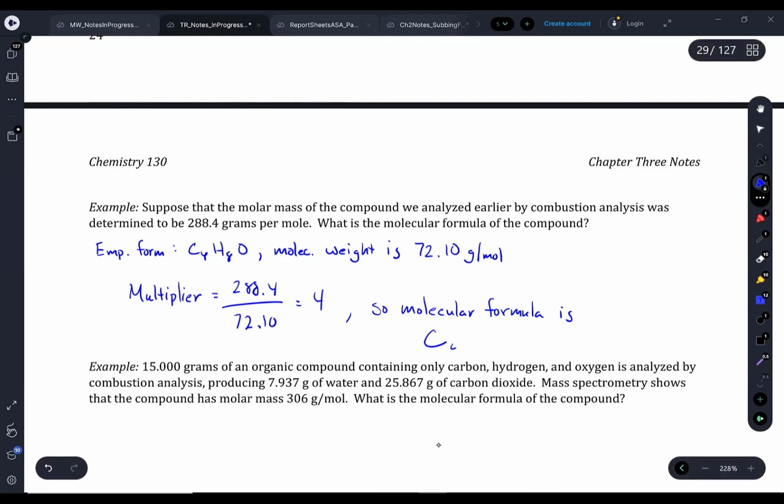I'm going to write it the long way. You don't have to do this on an exam. Hydrogen, there's 8 of them, right? So we're going to multiply that times 4. And oxygen, there is 1 of them. So we'll multiply that times 4, which is C16H32O4.